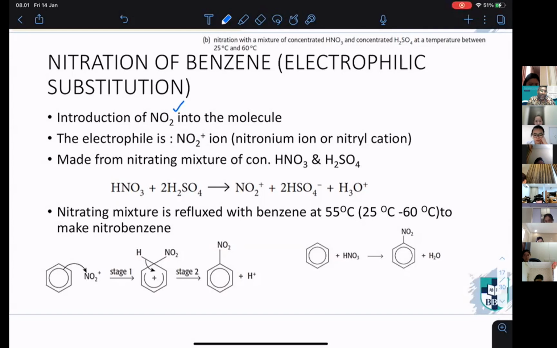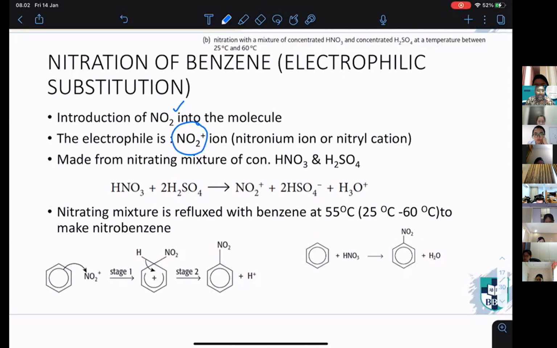So the electrophile, earlier like Br plus, Cl plus, now the electrophile is going to be NO2 plus, nitronium ion or nitryl cation. And this is going to be created using what we call the nitrating mixture. The nitrating mixture is a combination of concentrated nitric acid and concentrated sulfuric acid.